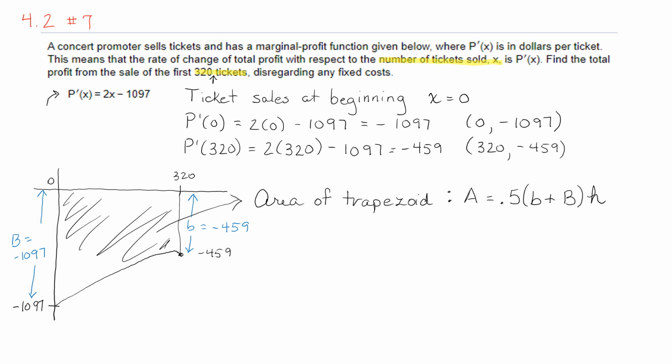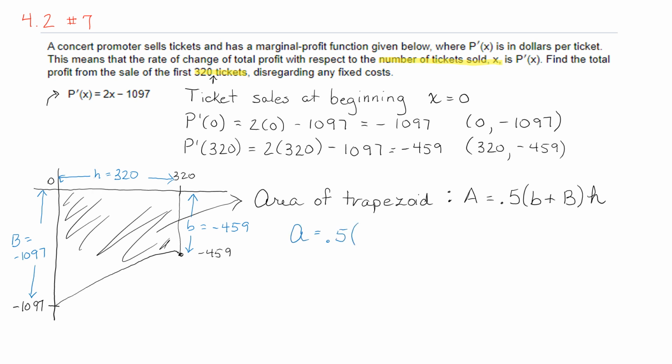Now we want the height. The height is between the bases at a 90-degree angle. And I know what's confusing here is that height we all think is vertical, but in this case, our height is horizontal. So our height is 320. So let's plug that in.